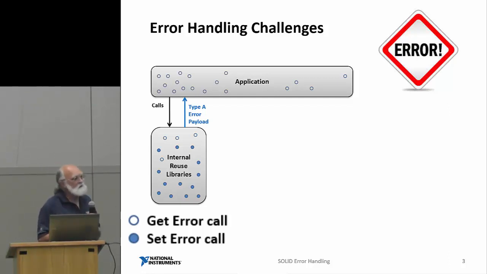The hollow circles are get error or error handling calls. The internal reuse libraries handle some of the errors, but the rest is passed to the application. And it so happens with error handling and with logging that such calls permeate the entire application code.